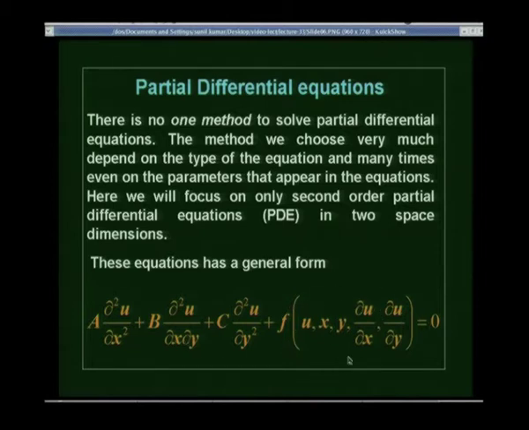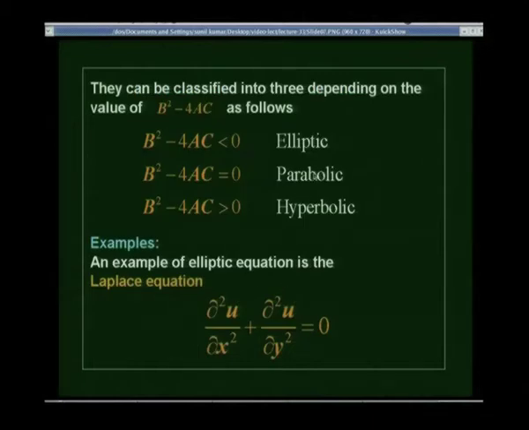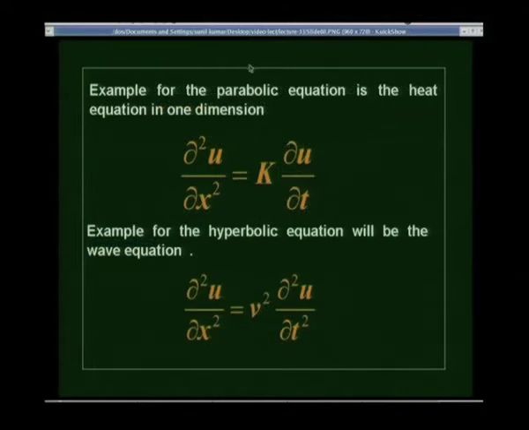That kind of equation would be a parabolic equation. An example for an elliptic equation is Laplace's equation, and an example for a parabolic equation, where b squared minus 4ac is 0, is the heat equation, or the diffusion equation.